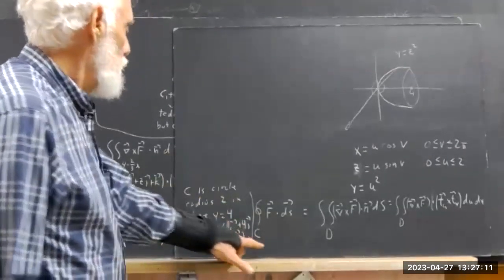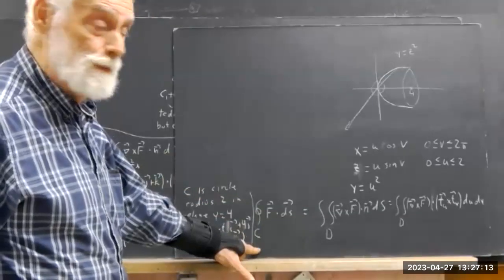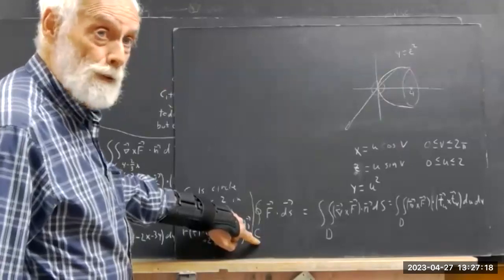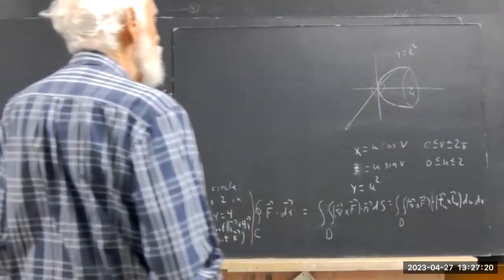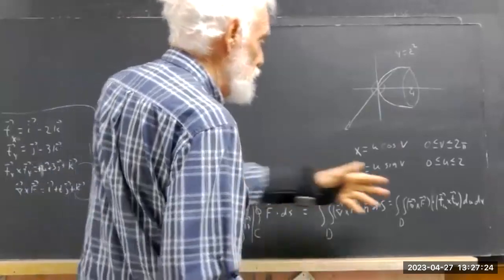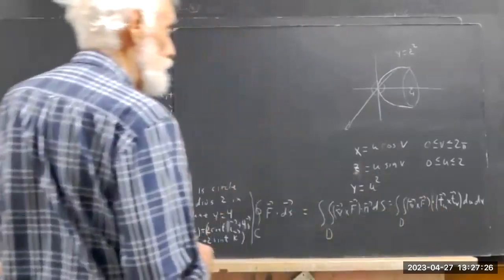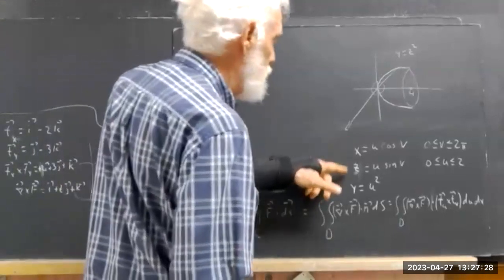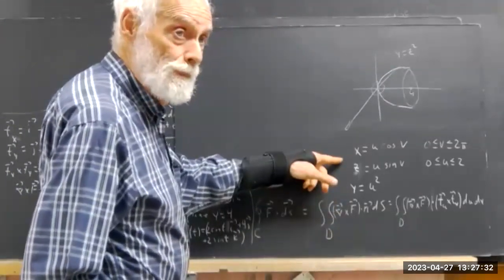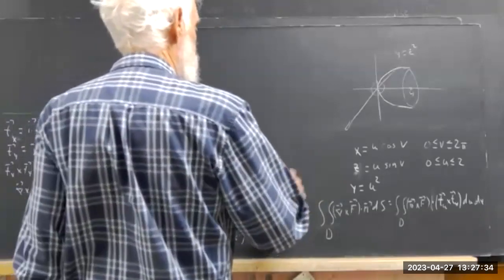Now, keep parameterizing the circle, which is the boundary of this thing. Parameterize this boundary. Then we need to parameterize the surface. Well, right here is X, Y, and Z. So your T vector.